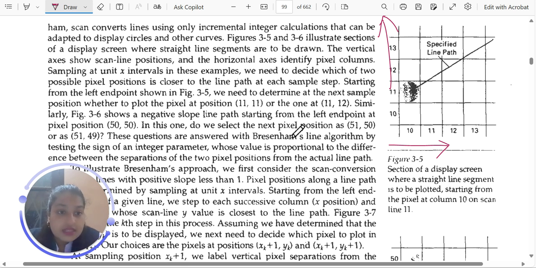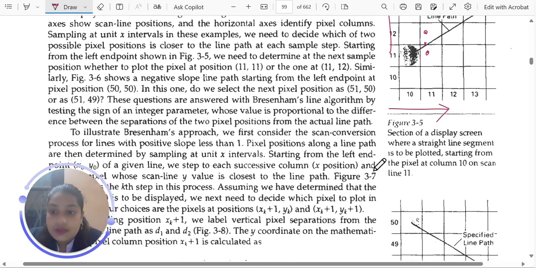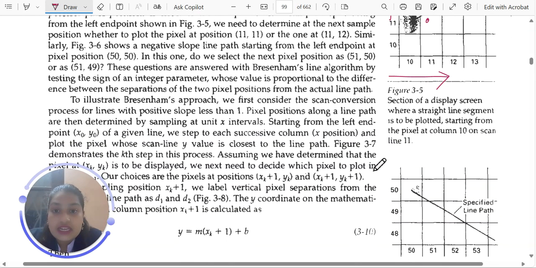We have this position over here and this one over here. Only one can be chosen at a time, but the line is passing in between, right? So we have to decide through which of these 2 pixels the line should pass.